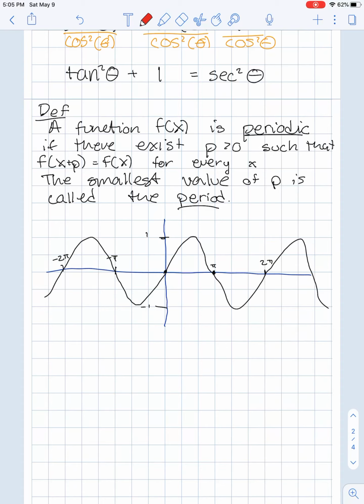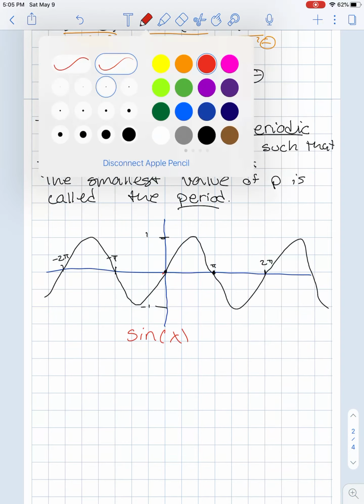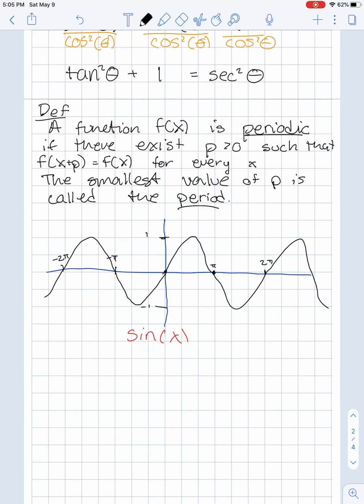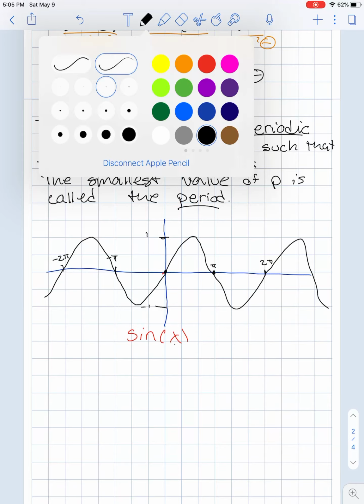We'll call this one sine of x. Sine of 0, sine of pi, and sine of 2 pi, those are all 0. So wouldn't the period of sine be pi? Not exactly.